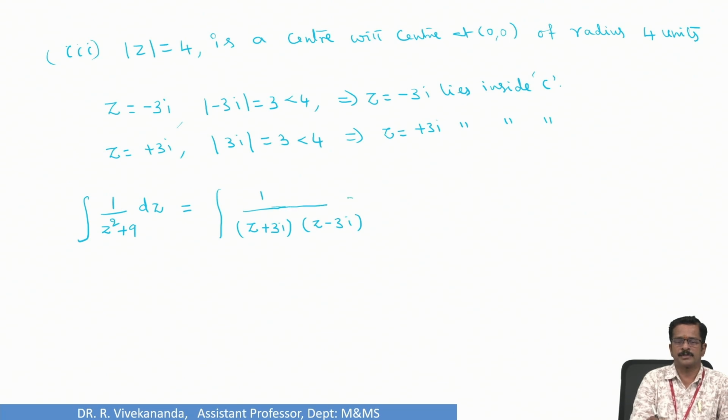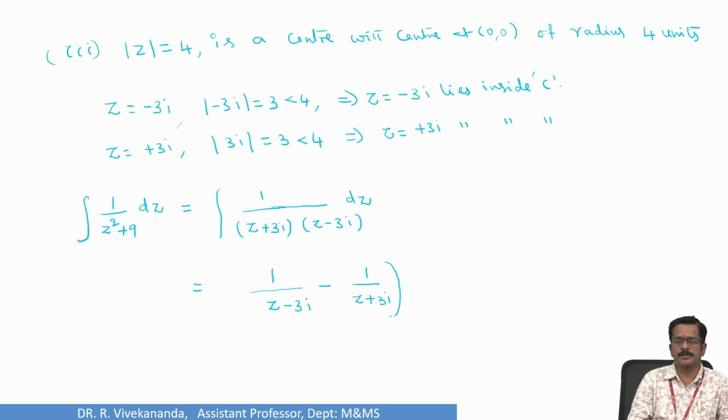By splitting into partial fractions, 1 by z minus 3i minus 1 by z plus 3i.